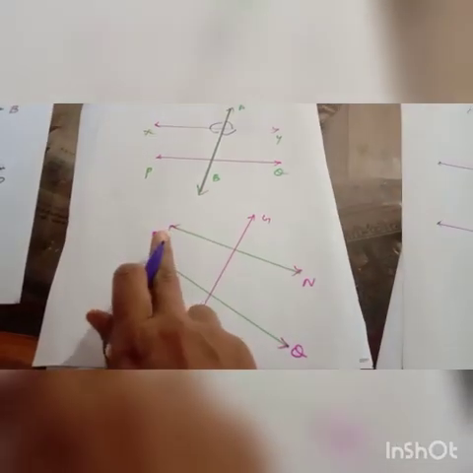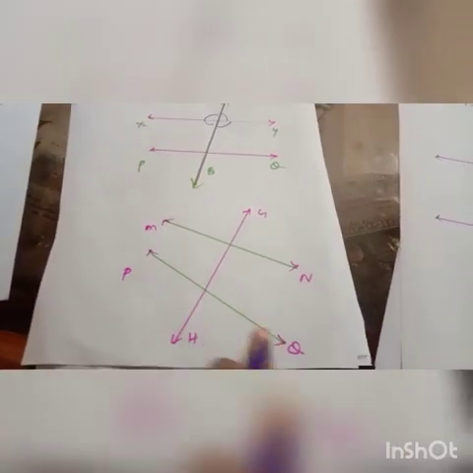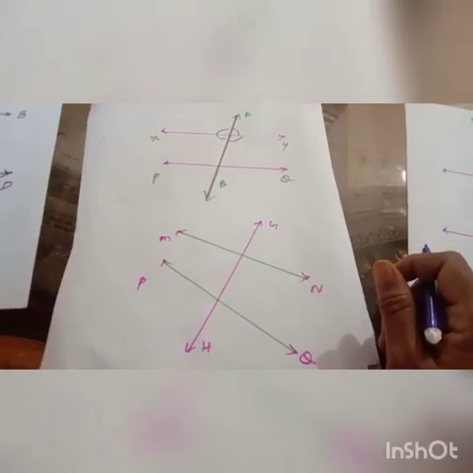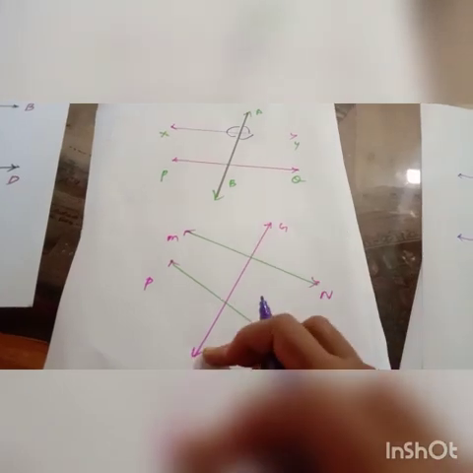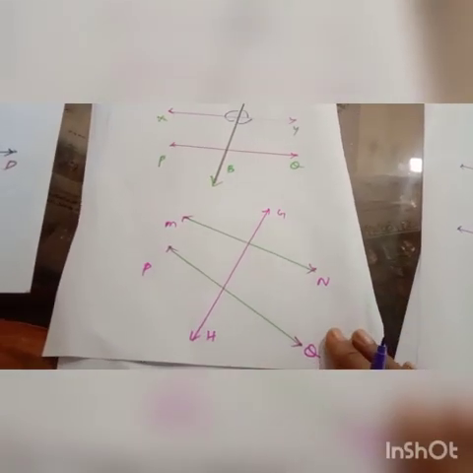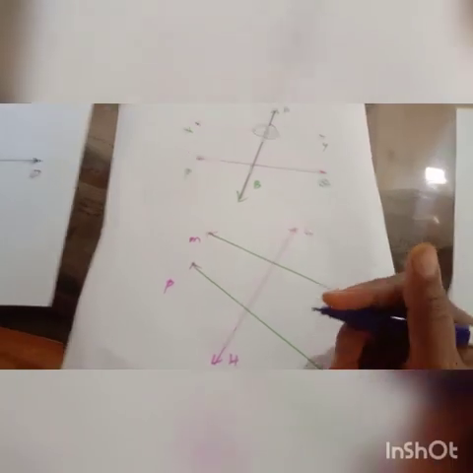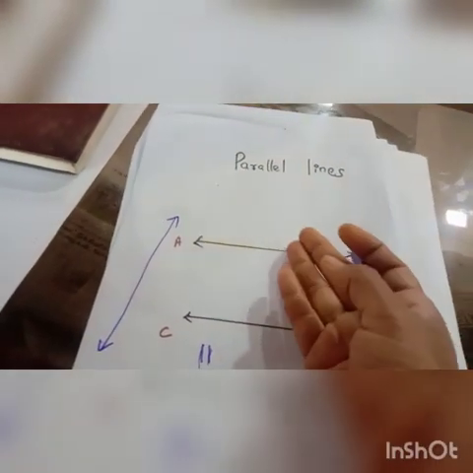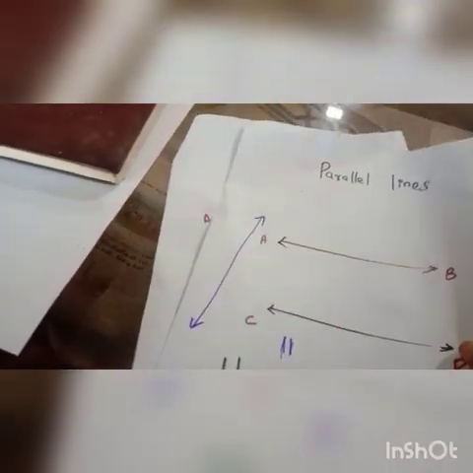MN and PQ. And what is the transversal? GH is the transversal. Okay, very good. Now, if we see only the parallel lines, no angle is formed. Is there any angle? No, there is no angle.